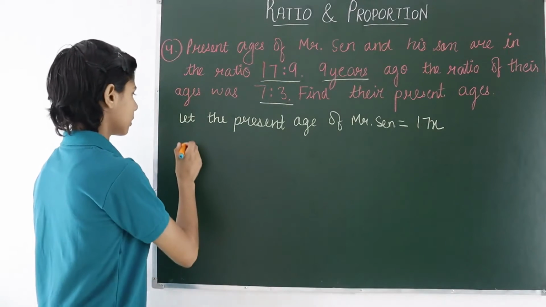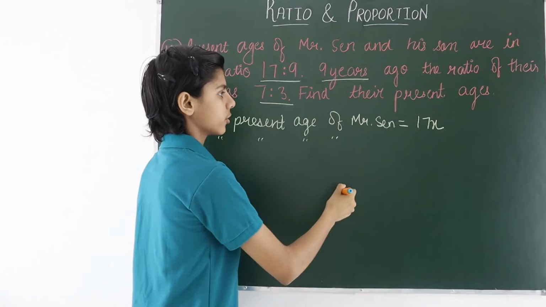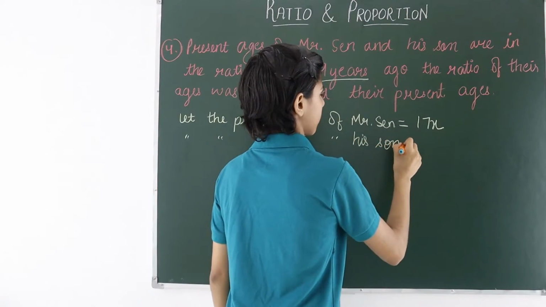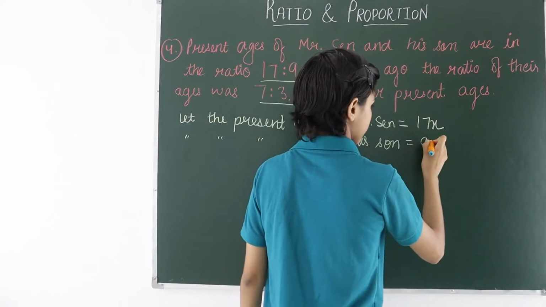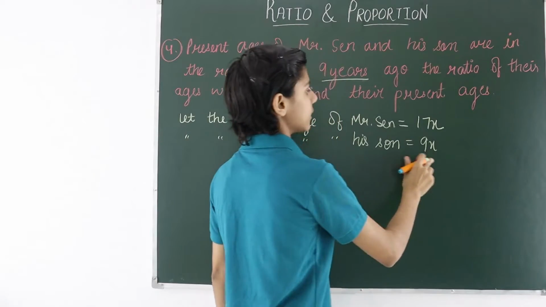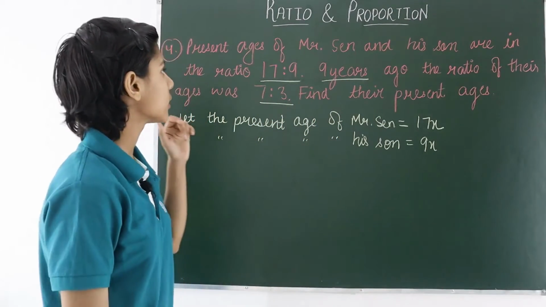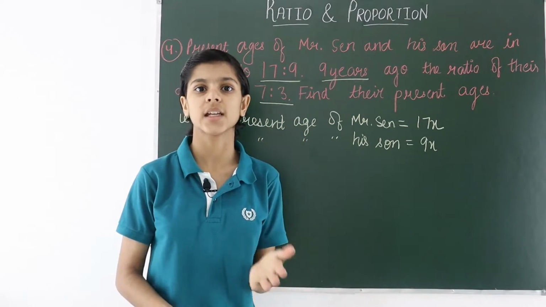Now let the present age of his son, in ratio it is 9, so it is 9x. So these are the present ages of both of them. We have let it. Now next, the question is saying 9 years ago, means 9 years back.